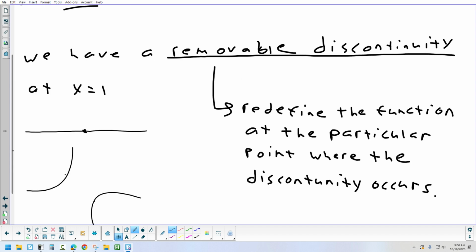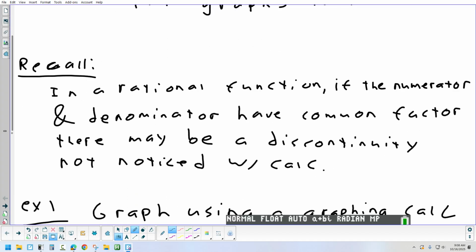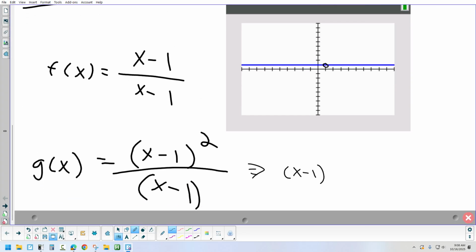So then what we do, if we want to get rid of a removable discontinuity, is we say, okay, you can use the formula everywhere except where there's a hole. And where there's a hole, I'll just tell you what value to use instead. Okay? That's what you would do. So if I wanted to, let's take this top one.